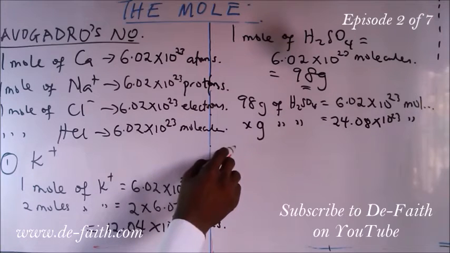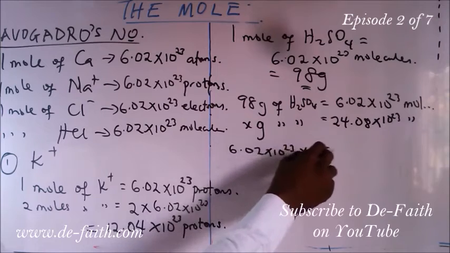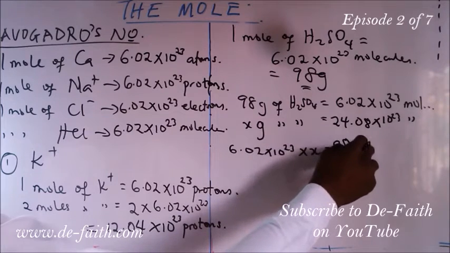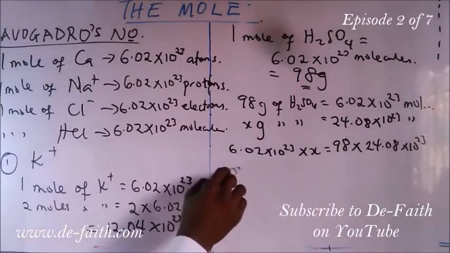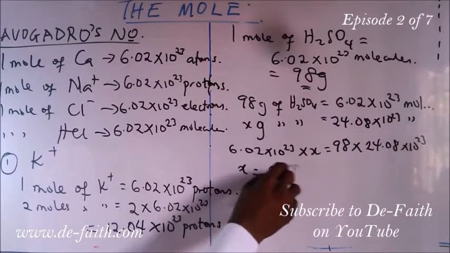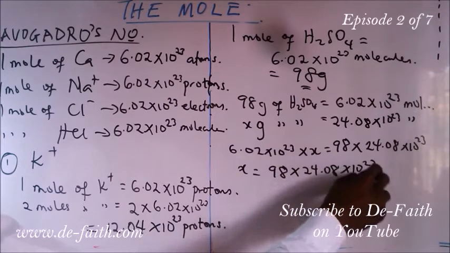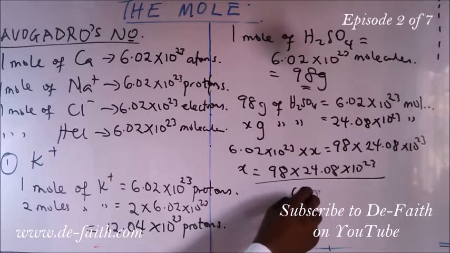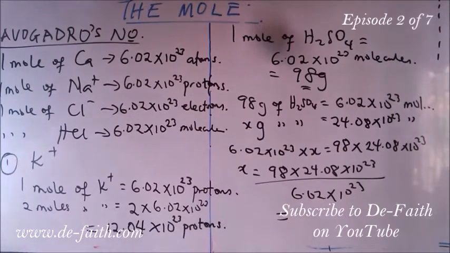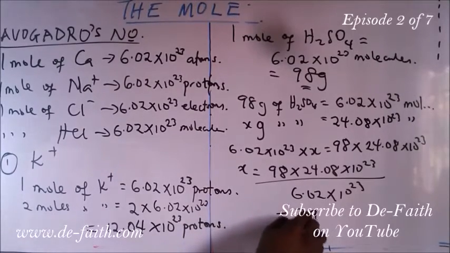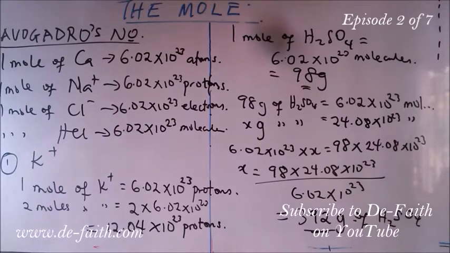That's 6.02 times 10 to the power of 23 times x equal to 98 times 24.08 times 10 to the power 23. So we have that x equal to 98 times 24.08 times 10 to the power 23 over 6.02 times 10 to the power of 23. And so when we solve all this, we'll have 392 grams of H2SO4 present in it.